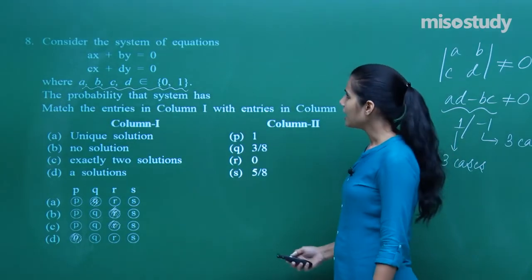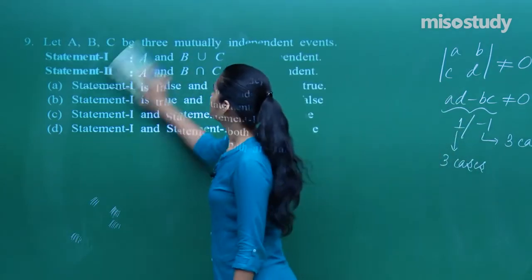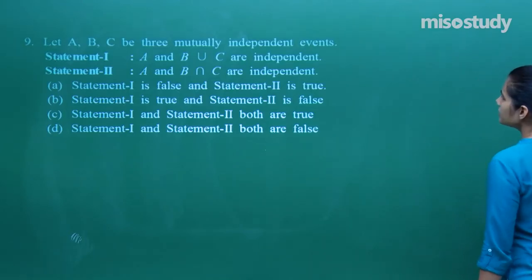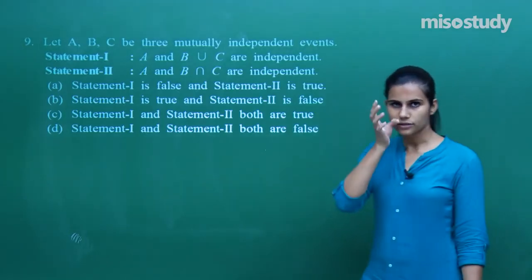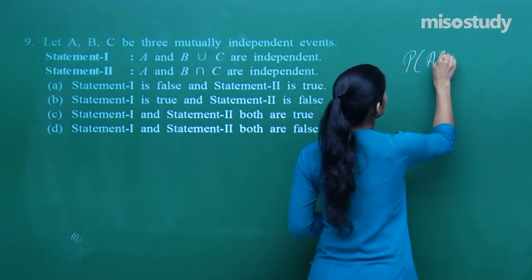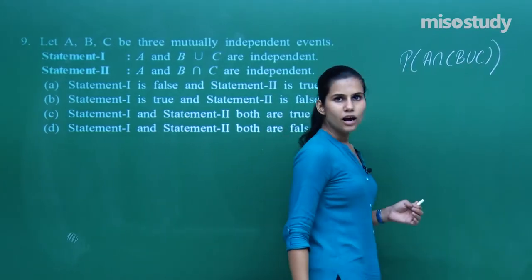Moving to the next, we have, let A, B, C be 3 mutually independent events. What do you think? A and B union C are independent, A and B intersection C are independent. So let's see. A and B union C. How can you interpret this?